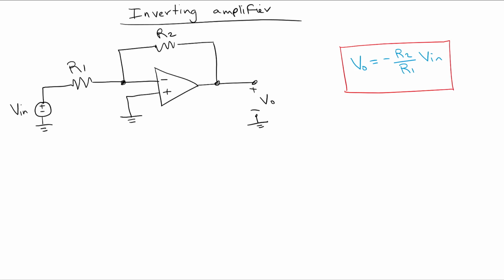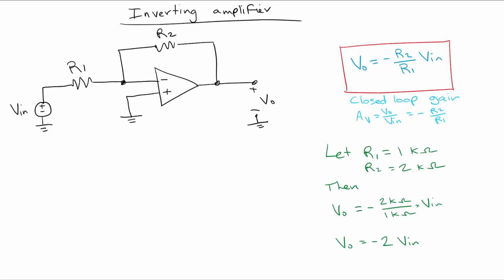So now we need to know the closed loop gain, and that's just defined as AV as a symbol for it, and it's defined as V out divided by V in from the op-amp equation, and in this case it's negative R2 over R1. So that's the closed loop gain. Now let's try and understand what this means.